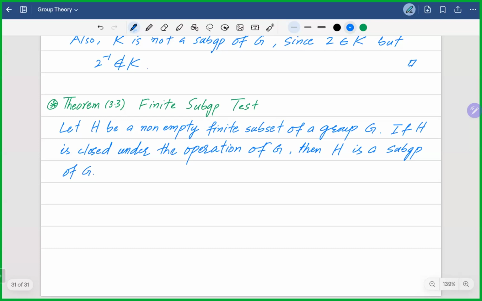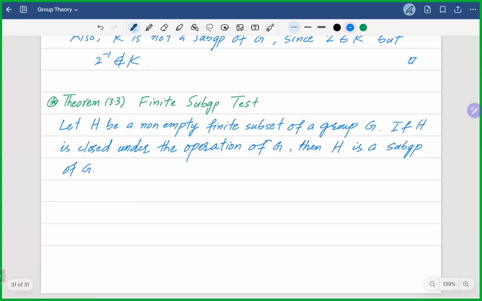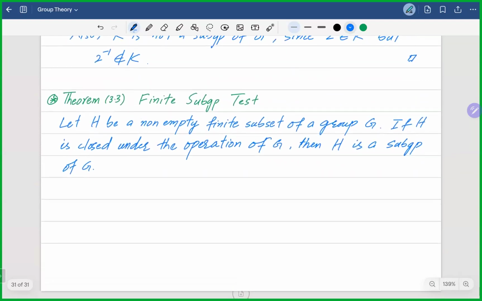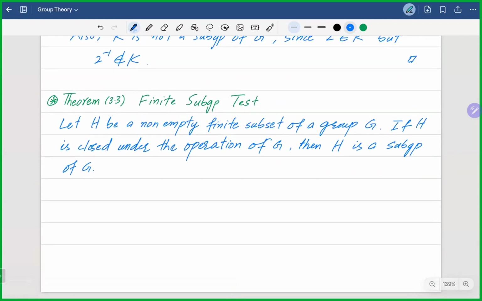Now, this is a very strong thing. You just need to check the closedness if you have a finite group and a finite subset. So let's prove this.